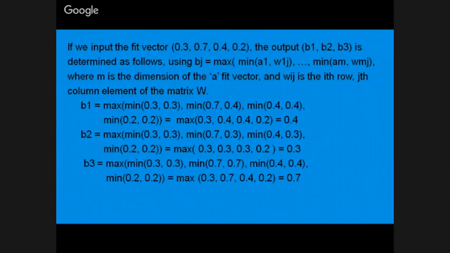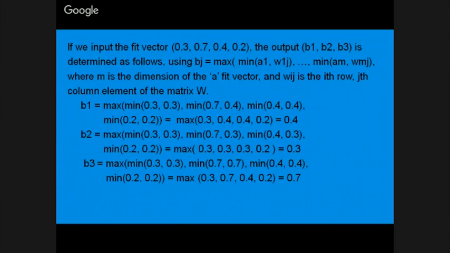And between B and A, we can take the transpose and find it. So when the input vector is 0.3, 0.7, 0.4, 0.2, first we have to find the dot product. We multiply each element with the corresponding element in the first column, then the second column, then the third column, and then add.